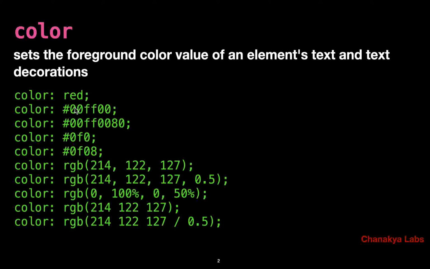Now 0 to 15 is the total, so instead of 10, each digit represents 16 values: 0 to 9, and then A, B, C, D, E, F. Now you can understand that if one of them takes 4 bits, then 2 of them will take 8 bits, and that's why I was saying that since 0 to 255 is like 8 bits, similarly 2 of these characters will account for 8 bits.